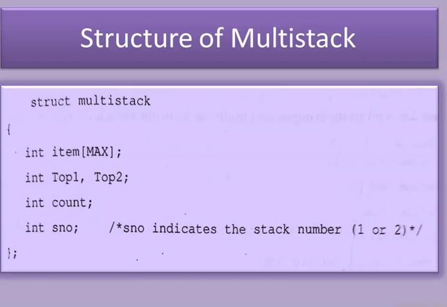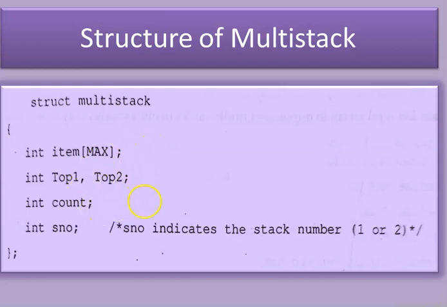So the members in the multi-stack structure will be the name of the array with maximum limit, and this corresponds to the elements of both the stacks. Elements put together should never go beyond max.